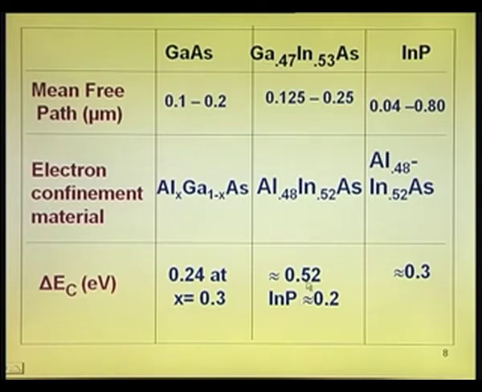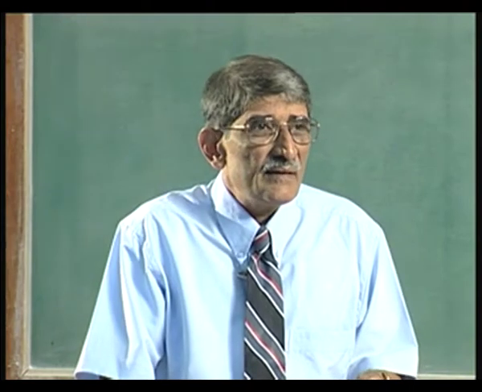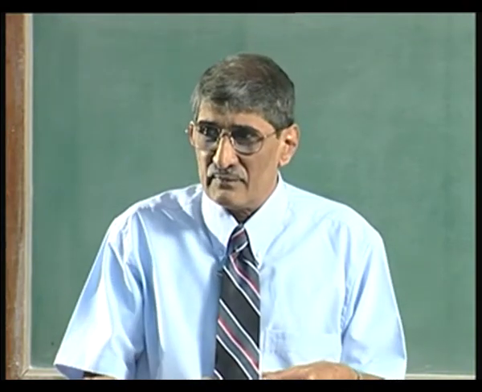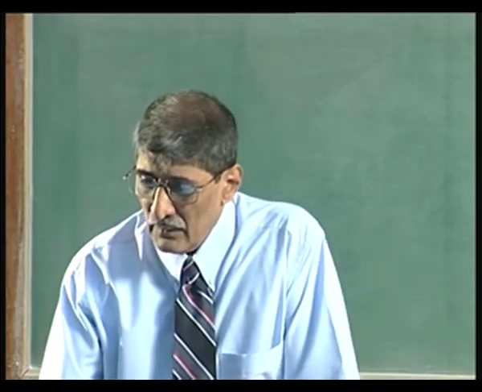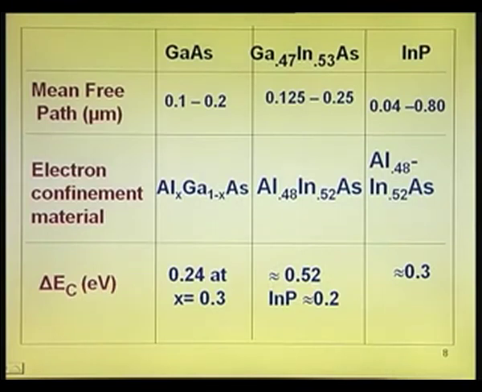It is not exactly 2/3 of that, it is around that point, because after all the delta EC is decided by the neutral levels alignment. Let me not go back to those discussions, because we have just said that the delta EC is decided not by chi 1 minus chi 2, but by the alignment of the neutral levels.